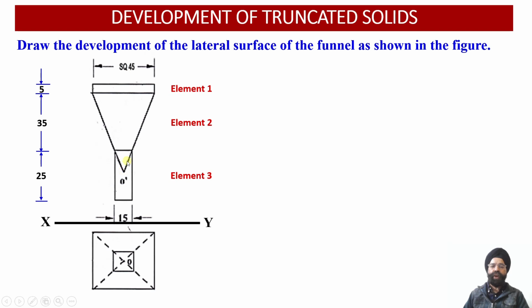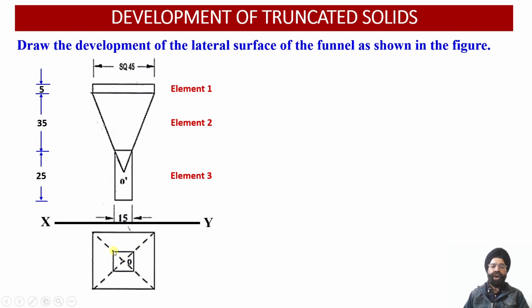Whereas in the case of element number 2, which is a frustum of a square pyramid, we can observe over here the slant edges represented in the front view projections and the projections of the slant edges in the top view projections.